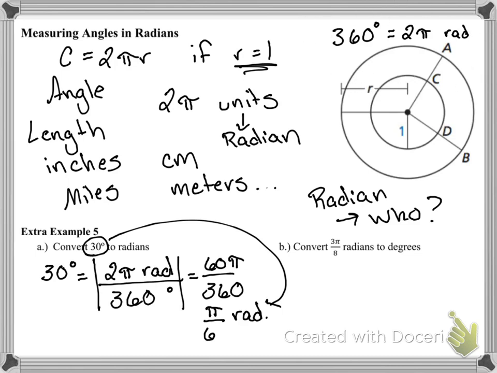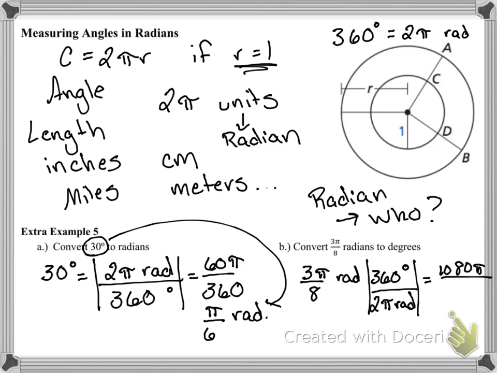Then here we have 3 pi over 8 radians. Again, set up our conversion, radians to degrees: 360 degrees is equal to 2 pi radians. Multiply straight across, so we get 360 times 3, which is 1080, with that pi there, divided by 8 times 2, which is 16, with that pi there.